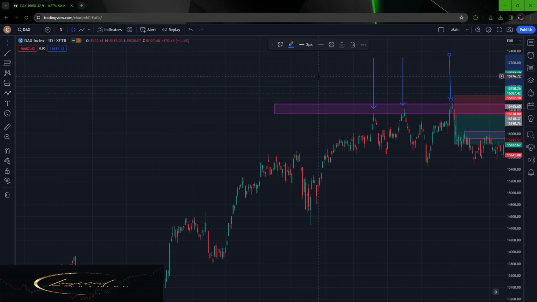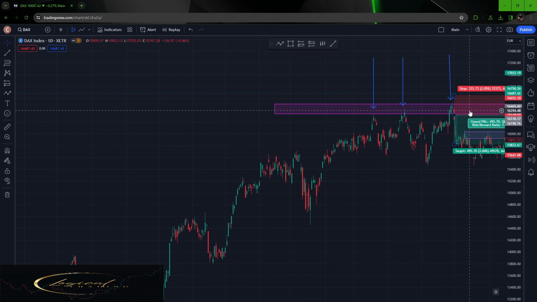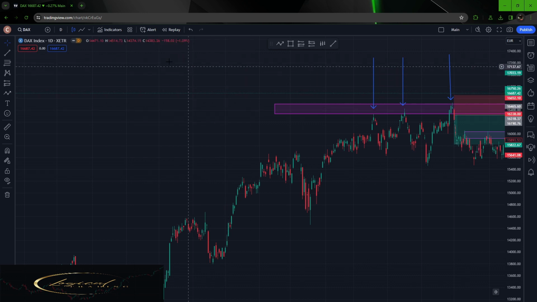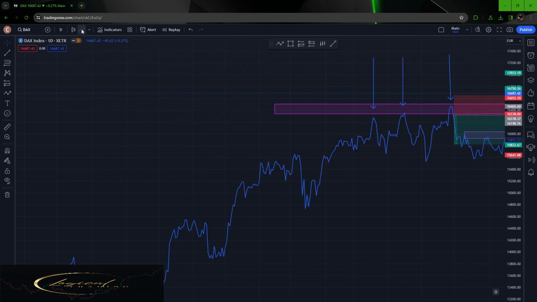Now, what I'll normally do when I'm trading a support or resistance is I'll go to the higher time frame. Let's say the day. Now we're in the day. Then I'll put it on a line chart. The reason I do that is it's easier to see the configuration and the points. Then you draw your support or resistance area in.